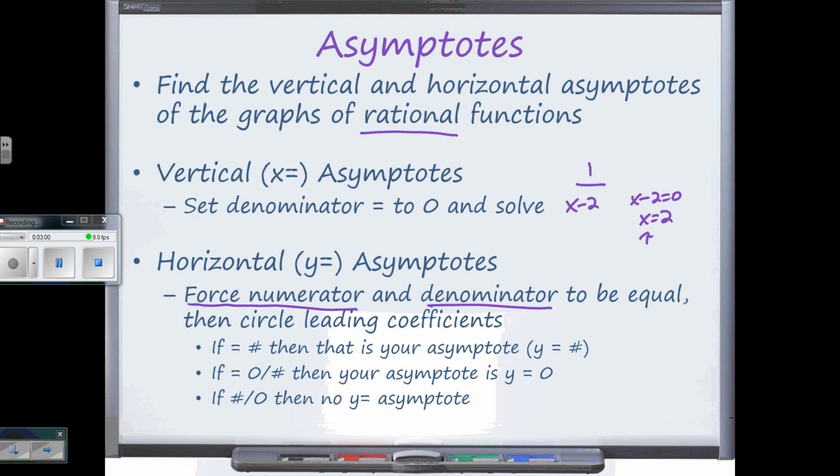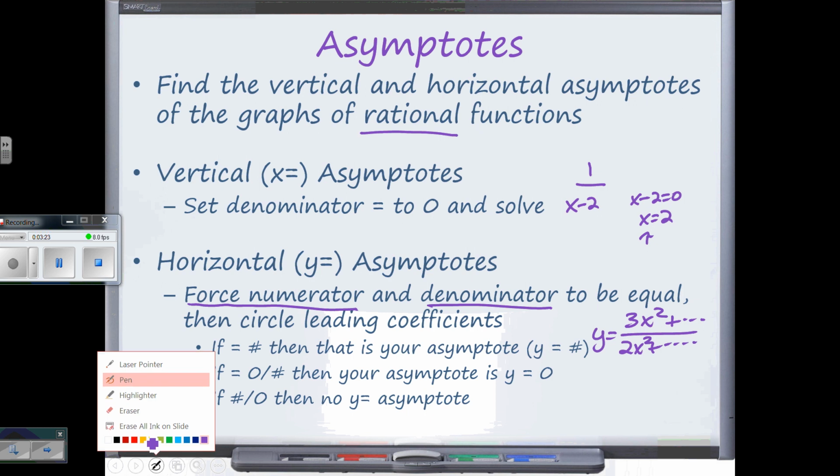So if we have y equals 3x squared plus who cares what over 2x squared plus who cares what, all we're going to do is circle that.